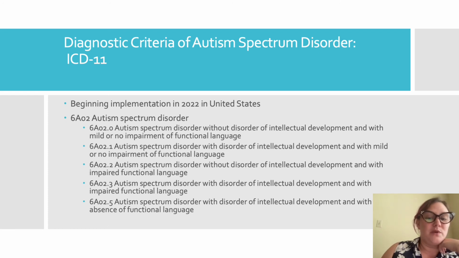So when we do implement this in 2022, this is what the codes will look like. It'll be 6A02 autism spectrum disorder, and then there are codes of 0, 1, 2, 3, and 5 that specify different combinations of whether or not a person has language impairment and whether or not a person also has an intellectual disability.